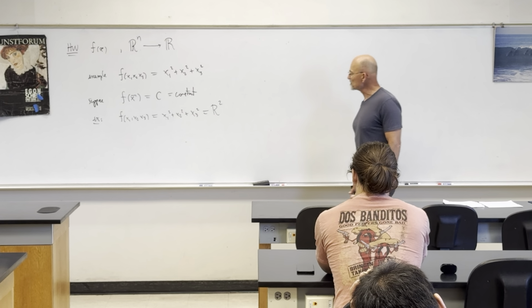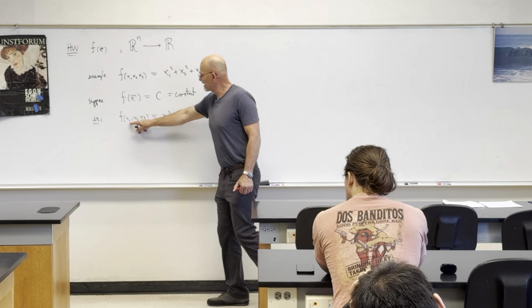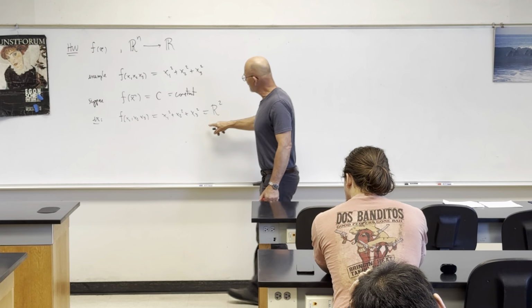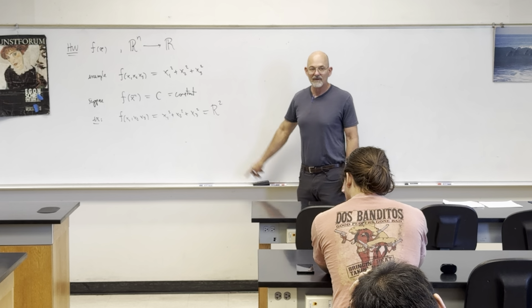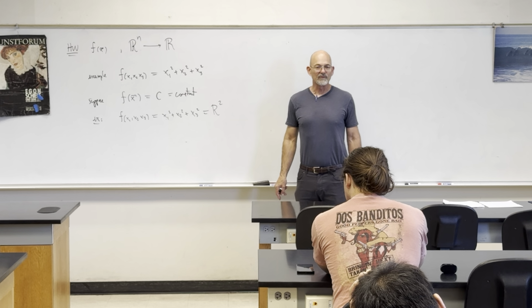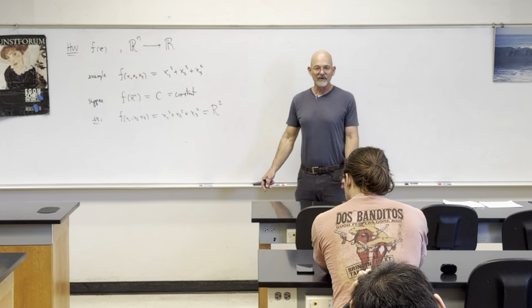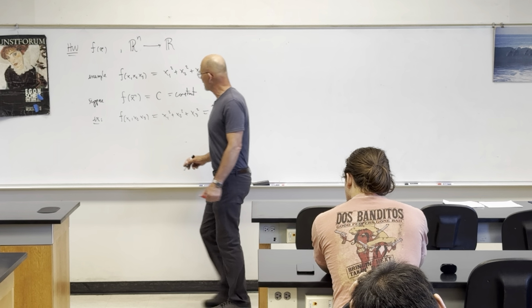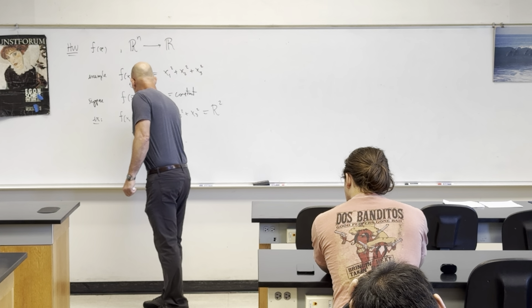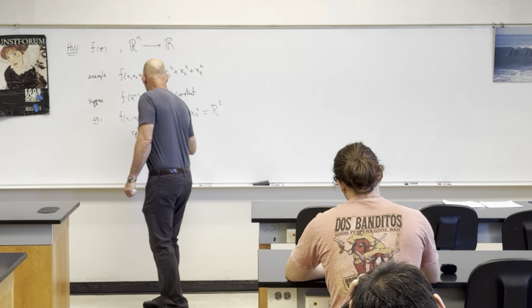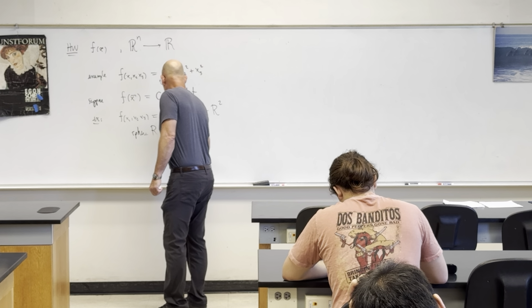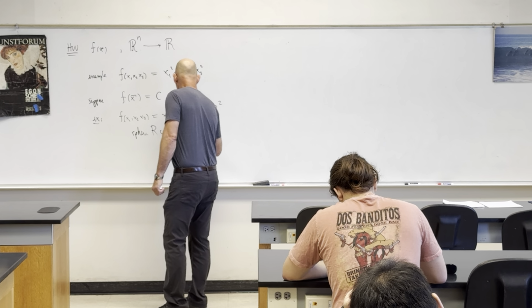The restriction of these three variables, the sum of the squares equals r squared. That's a sphere in 3-space of radius r centered on the origin.